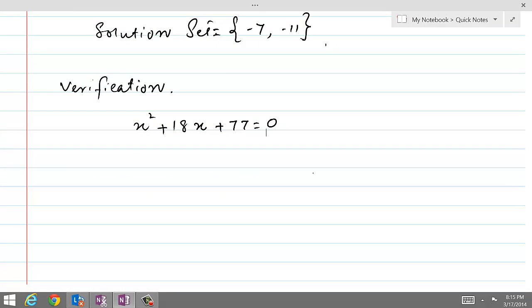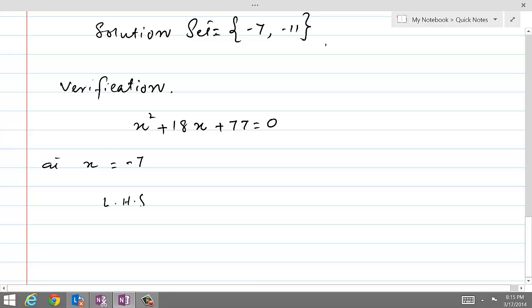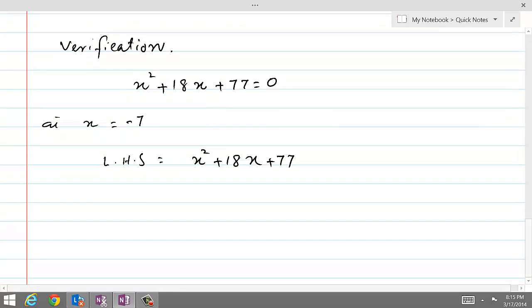If we do this verification at x equal to minus 7, the left hand side is equal to x squared plus 18x plus 77, so minus 7 whole square plus 18 times minus 7 plus 77, this should give us 0.